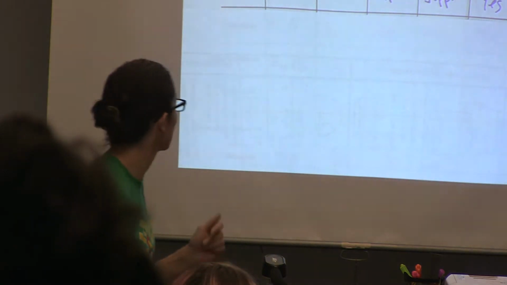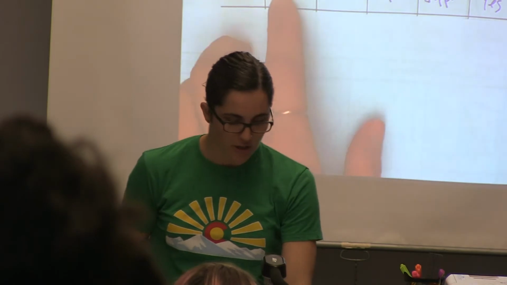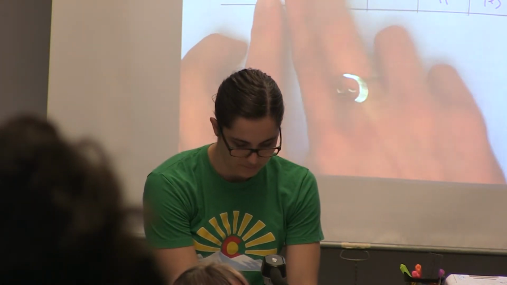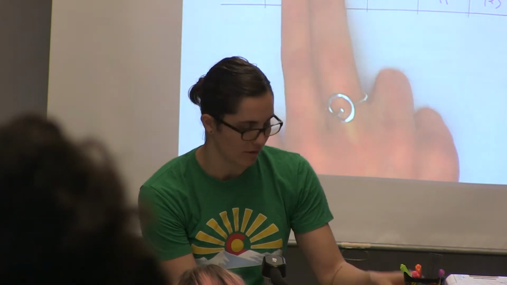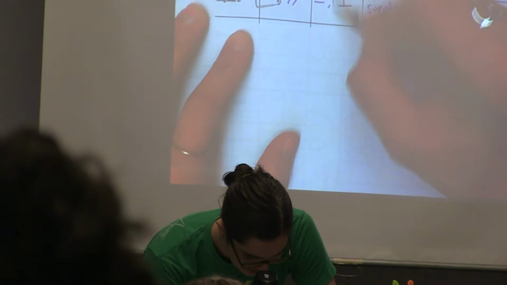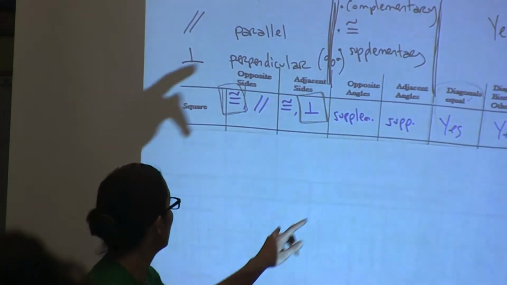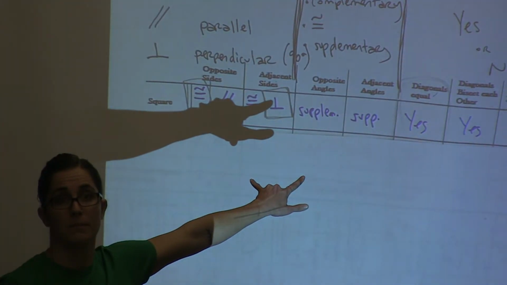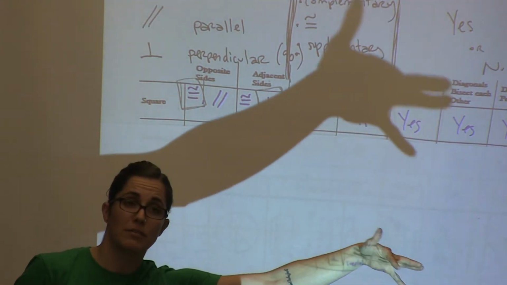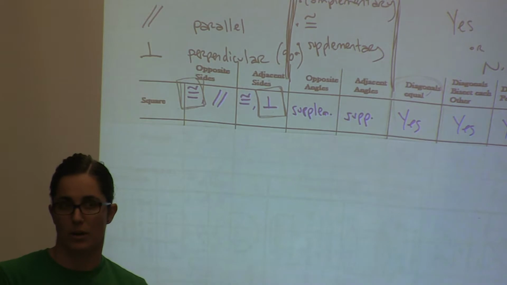Okay. We'll keep working on it. So again, the fact that the opposite sides are congruent, here's the definition part of the square. The fact that the opposite sides are congruent and that the adjacent sides meet at 90 degrees, those are the definitions of a square. That's by definition, that's true. All the other purple stuff I wrote are the properties of a square, right?